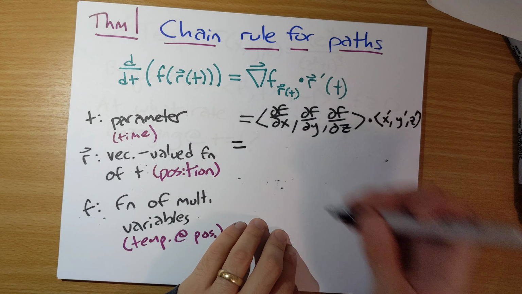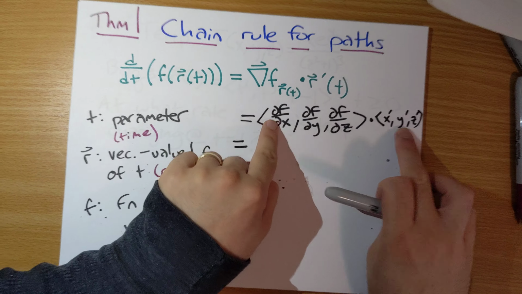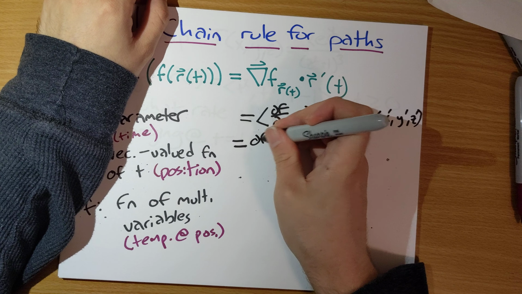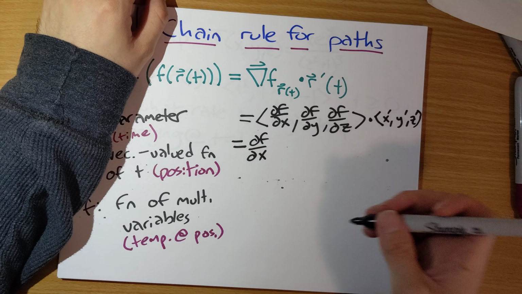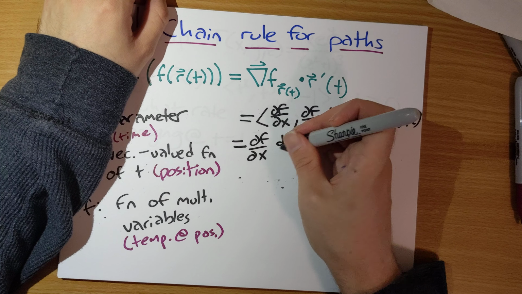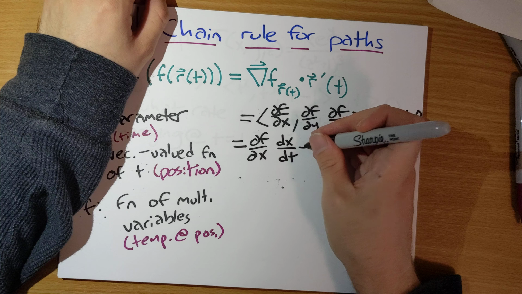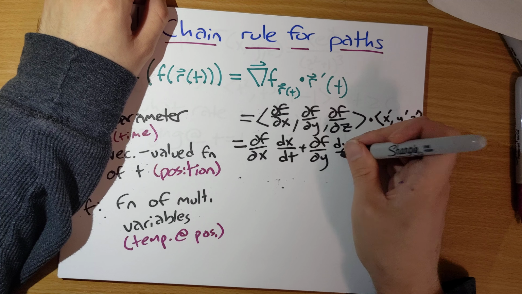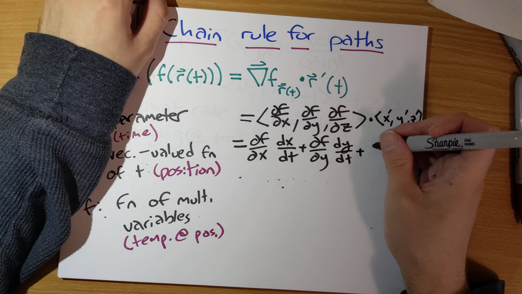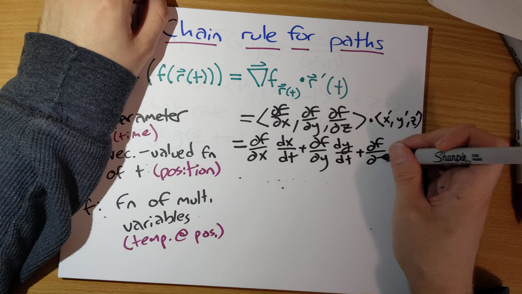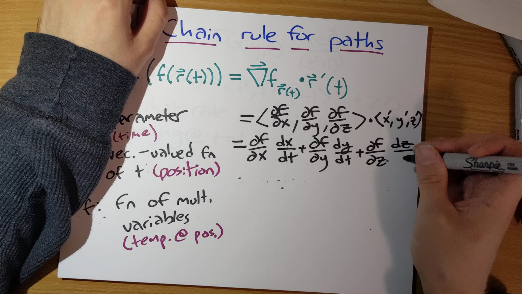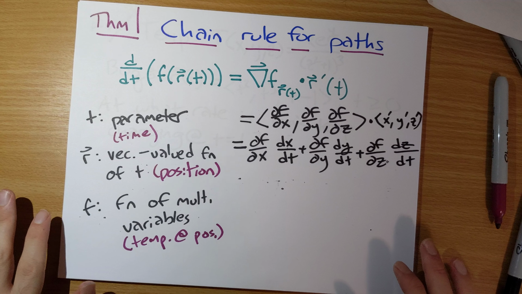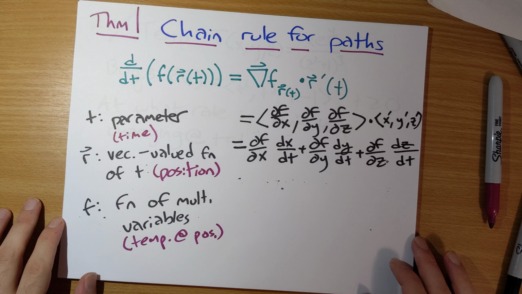And so if we do the dot product, it's this times this plus this times this plus this times this. Partial f partial x times dx dt plus partial f partial y times dy dt plus partial f partial z times dz dt. This should look a lot like the chain rule that we did in section 14.4.